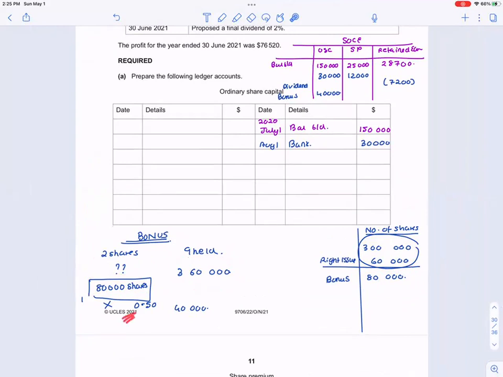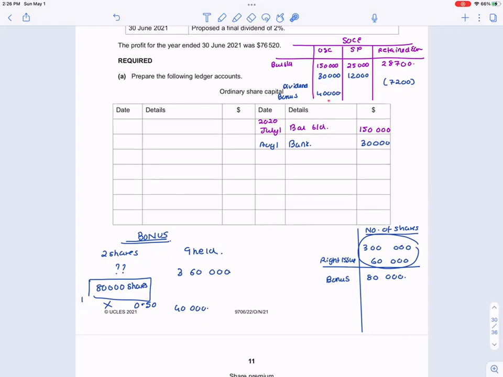Multiply by the face value. What will be the capital? 40,000. So ordinary share capital is increasing by 40,000. Any doubt? No, miss. Okay, fine.